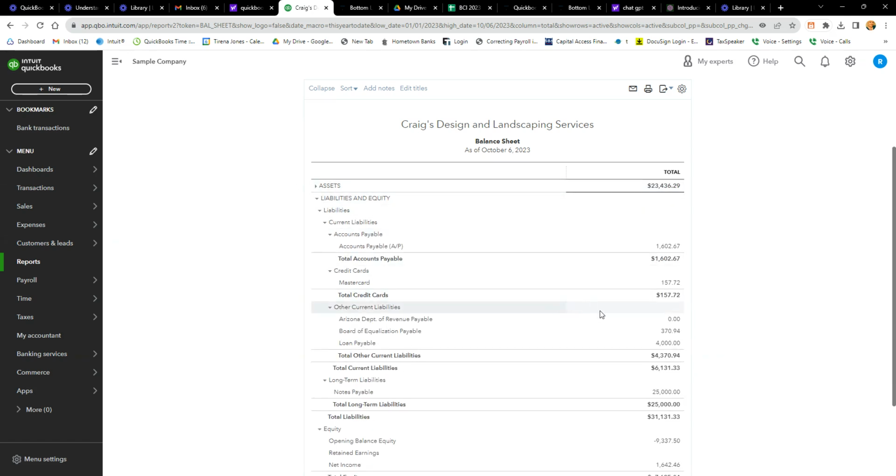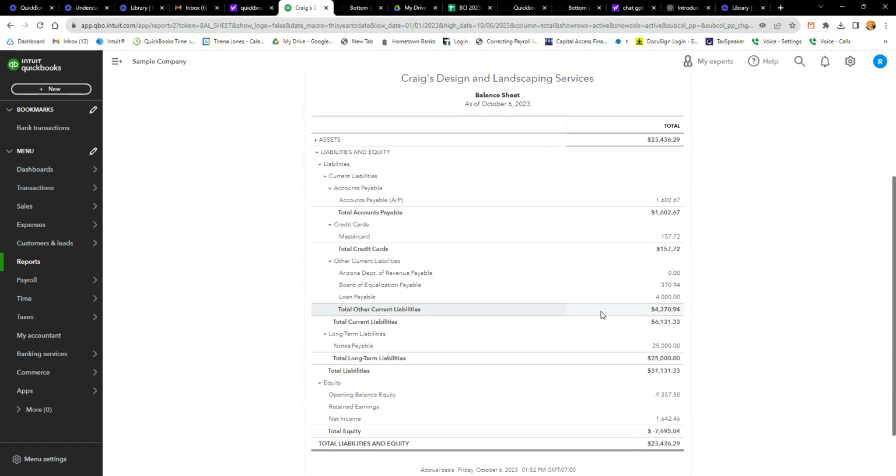Okay, so the second section on a balance sheet is the liabilities and equity. So think about this. For all of these assets that you purchased, they came from somewhere, right? So you either got a loan to pay for those assets, or you have a debt in accounts payable, say you bought a tractor or something, or a MasterCard.